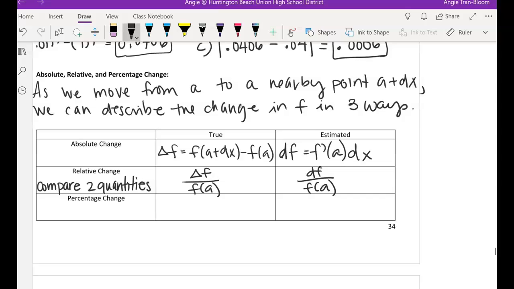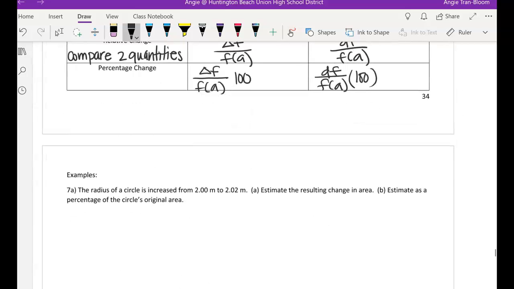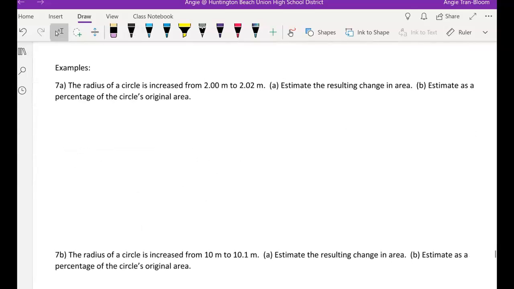Then percentage, that's normal. We multiply everything by 100. So the change in f divided by f of a, times 100. Same thing over here, df over f of a times 100 if you want to know the percentage. Okay. All right, let's see what that is going to be used for.